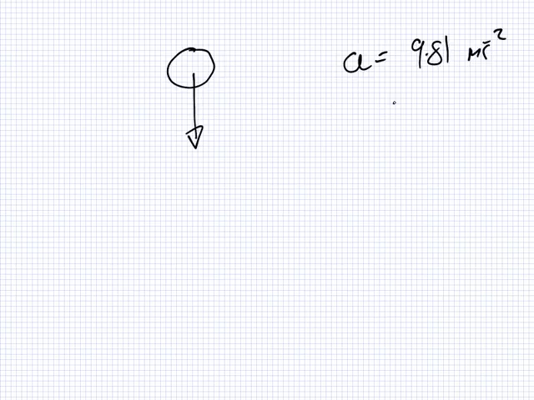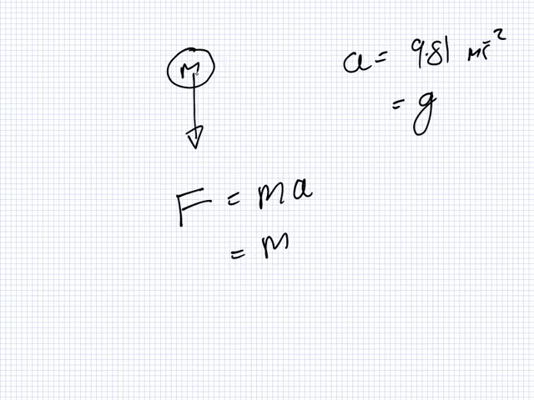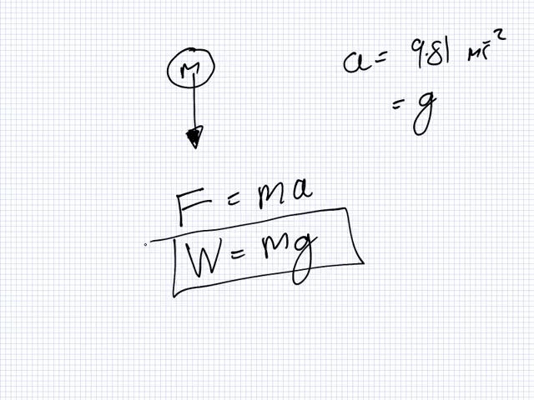So, we know, here's my picture up. When something is falling, what's its acceleration? 9.81, which we called g. So force is equal to ma. m, we can know it, and the a we know is g. And the force, what's this force called? Weight. So in other words, weight is just mg. That's all.